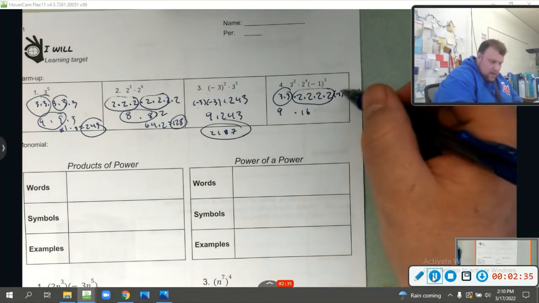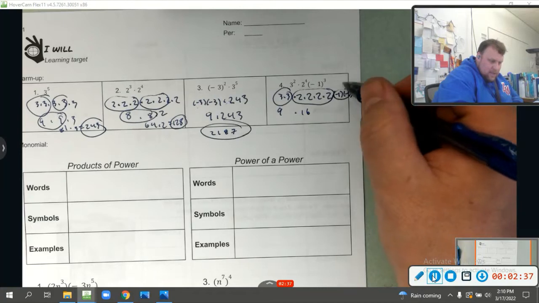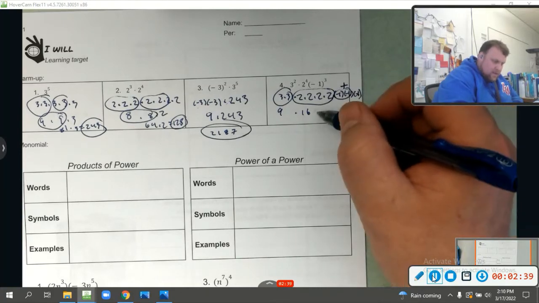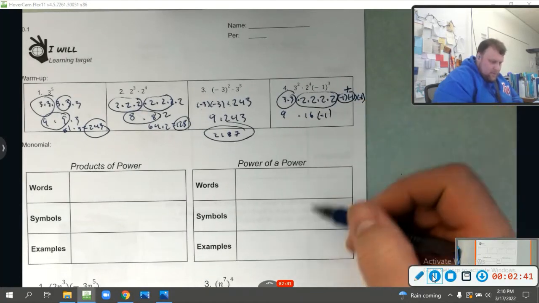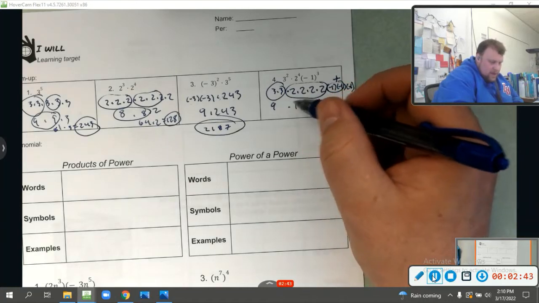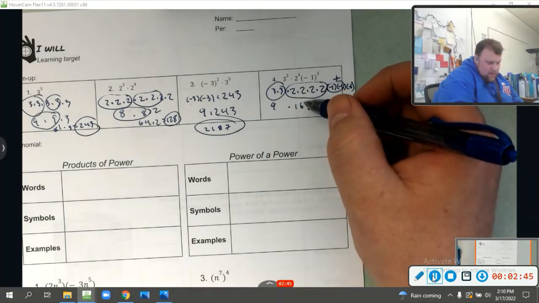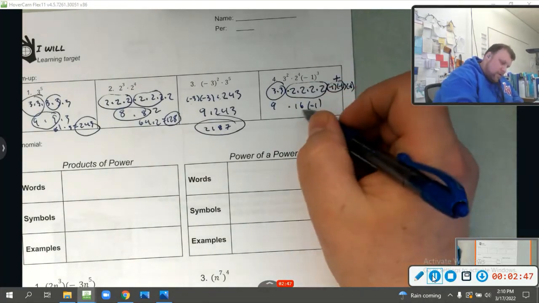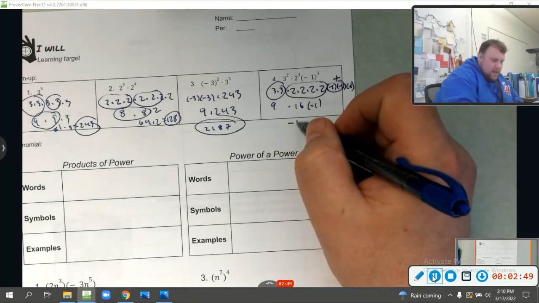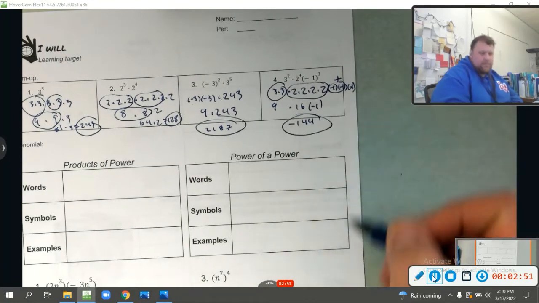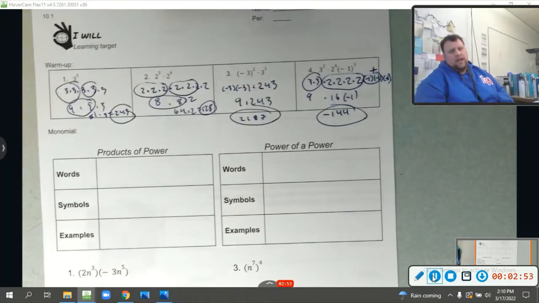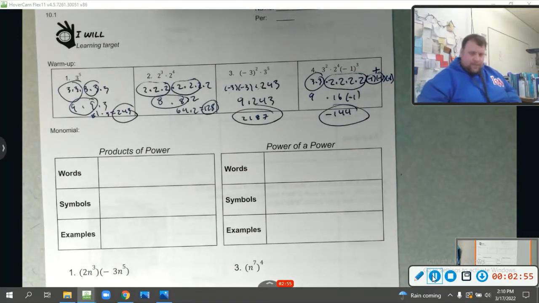And then negative times negative makes this a positive. Positive times negative is negative, so times negative 1, right? So 9 times 16 is 144, times negative 1 is negative 144. Boom. Okay, that's how we work these out.